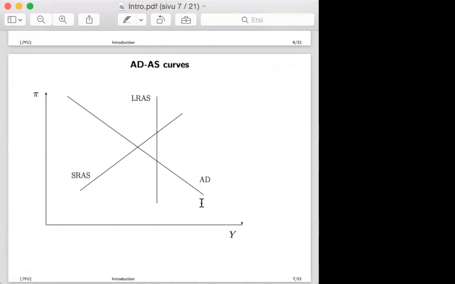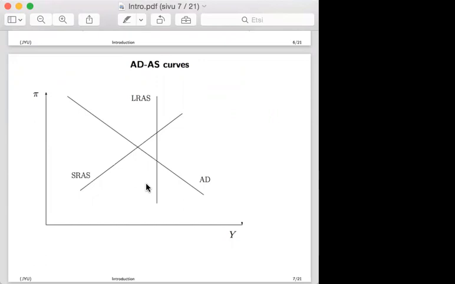For example, the current corona epidemic and its effects on the economy could be analyzed by these curves, so that there is a shift in both aggregate demand and short-run supply, which moves the economy away from the long-run aggregate supply curve.